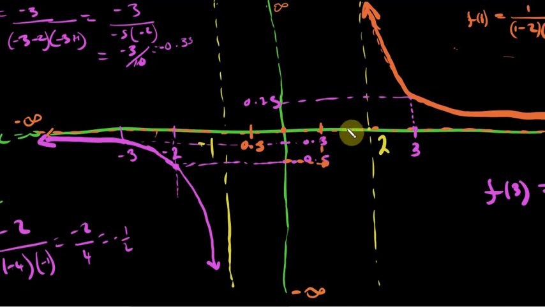So at 1.5 we get negative 1.2. The graph is behaving in that manner in that portion of this region.